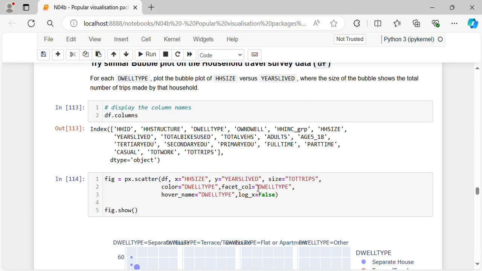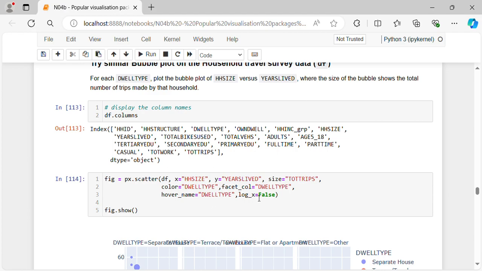So the vertical axis will show the years lived. Size, the bubble size, is shown by total trips, and color, the color of the bubbles, is dwell type.